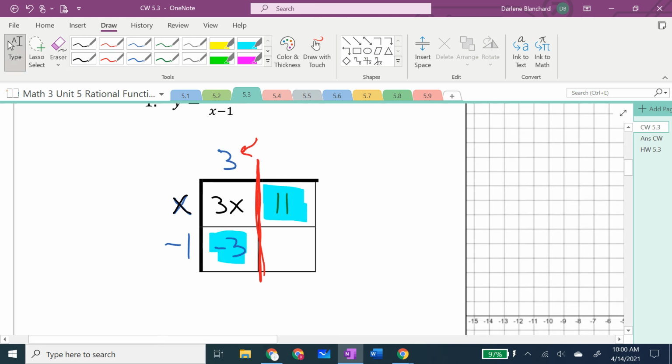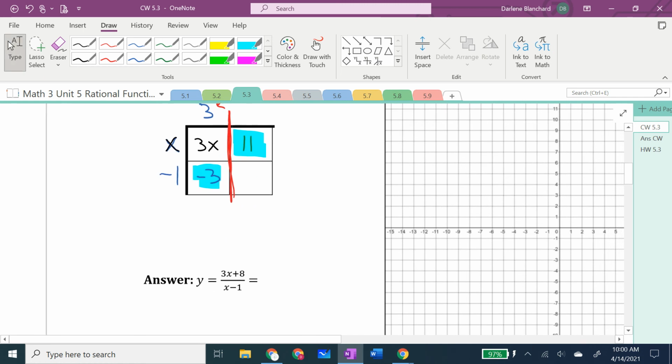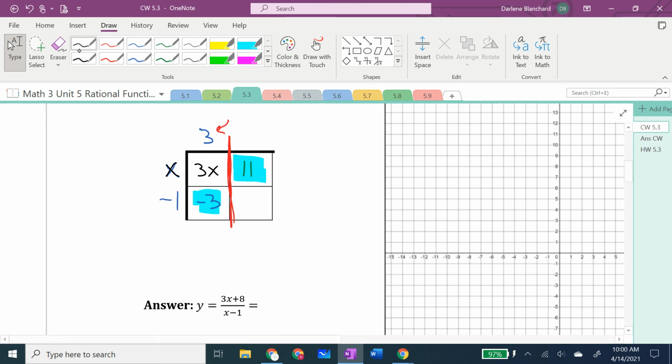This is saying that 3x plus 8 divided by x minus 1 is 3 plus a remainder that I was not able to divide by x minus 1.